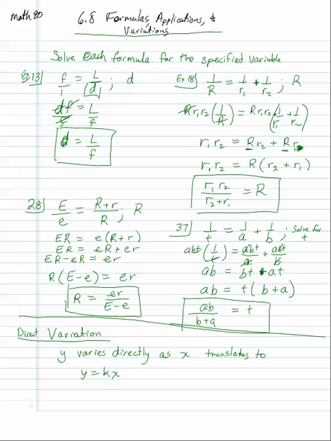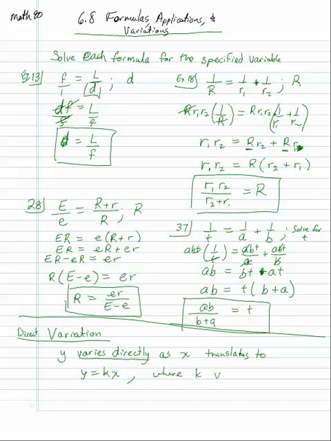Okay, so for direct variation, y varies directly as x translates to y equals kx, where k is your constant of variation.